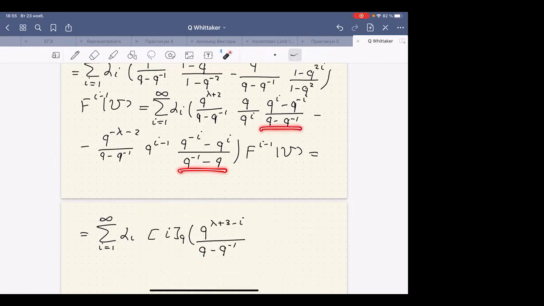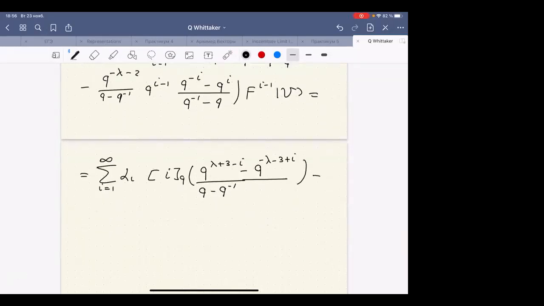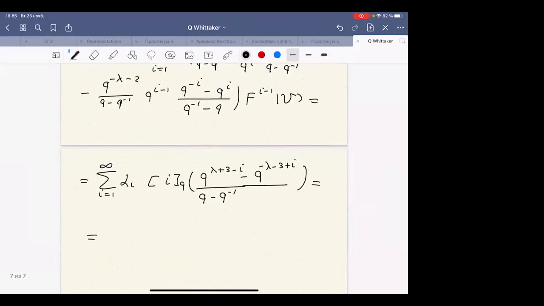This is [E]_q minus [lambda minus 3]_q. Again, the i minus 1 times v.